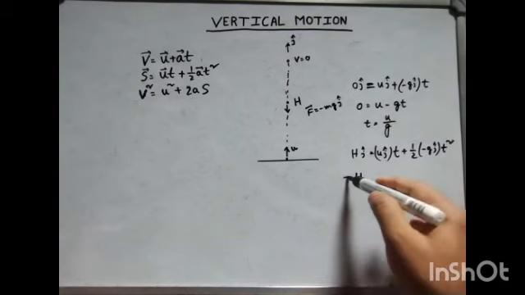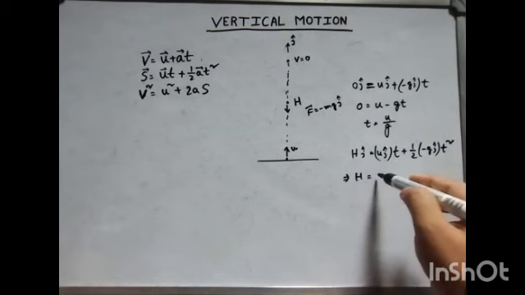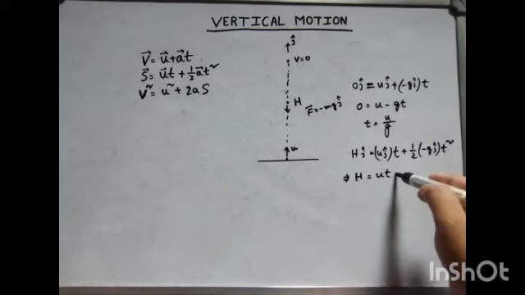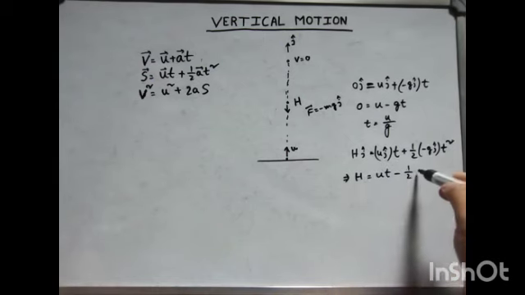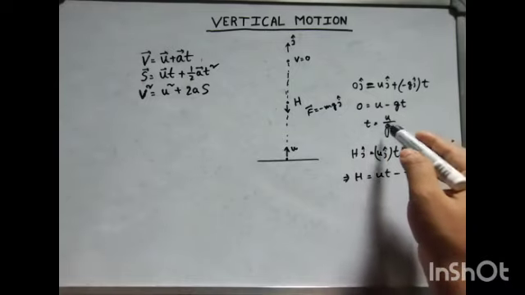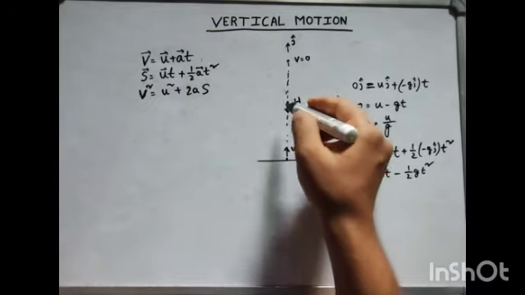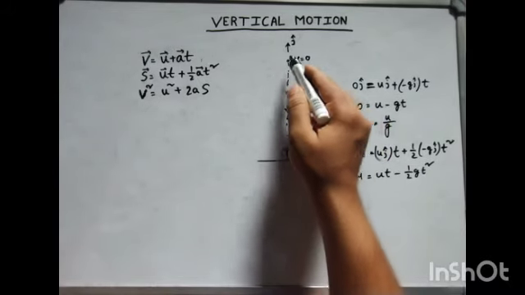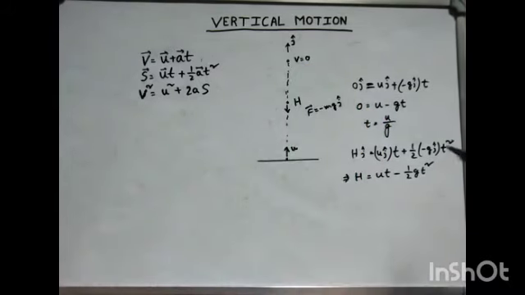So h equal to ut minus half g t square, but we know that the value of t here denotes the time it takes to reach the upmost point.